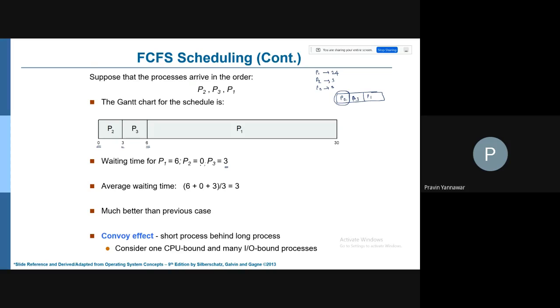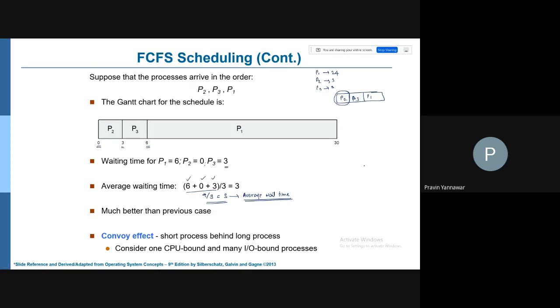So it is 0, 3, and 6, which gives 9 divided by 3 equals 3. So this is the average wait time required for a process.